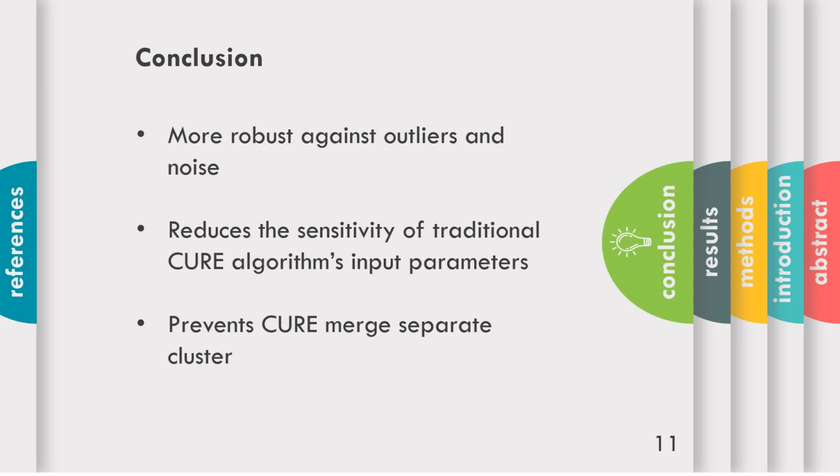Detecting cluster centers makes CURE more robust against outliers and noise, and helps to reduce the sensitivity to traditional CURE input parameters. We found out that in some datasets CURE cannot extract optimum clusters and merges some of the clusters or divides a cluster into two clusters, while truly chosen cluster centers prevent CURE from merging separate clusters.